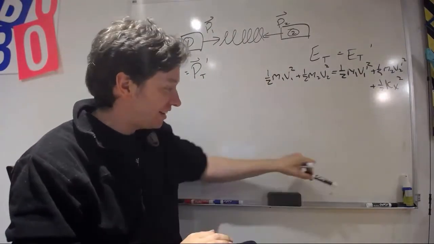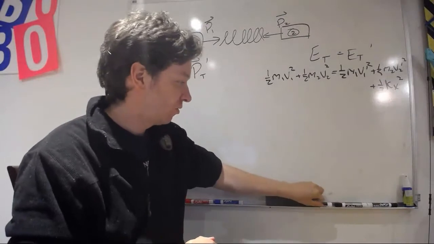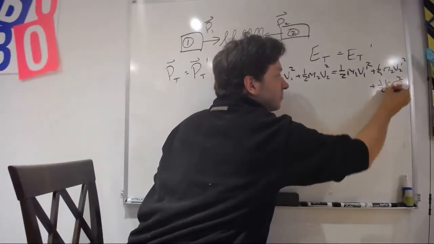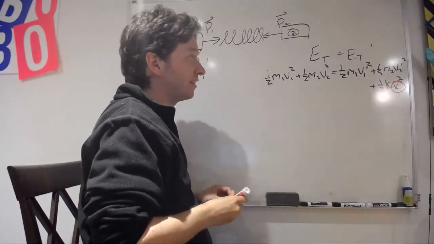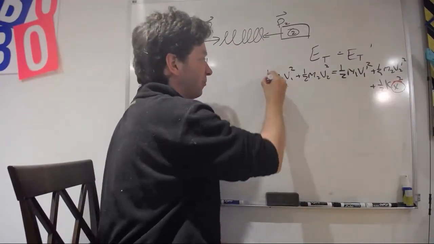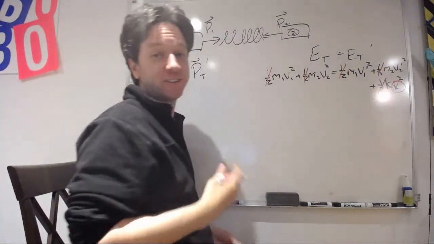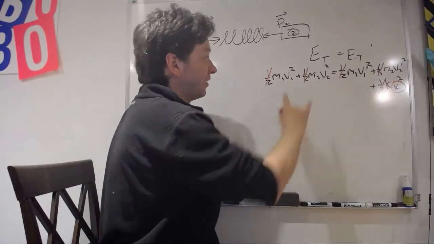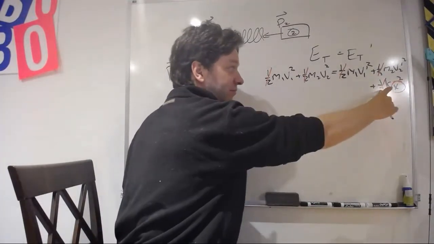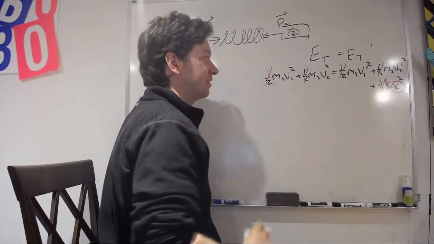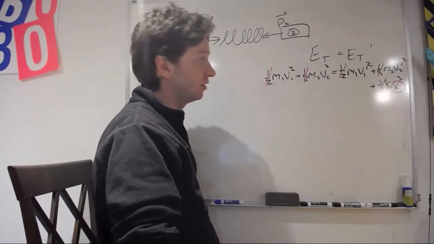Now you can look at that and say, okay, what do I need to find? Well, I'm looking for x. Do I know everything else? Well, there's a half in every term, so you can make it a little simpler by multiplying every term by 2. Now I know the masses of everything. I know the spring constant of the spring. I know the initial velocities of the carts.